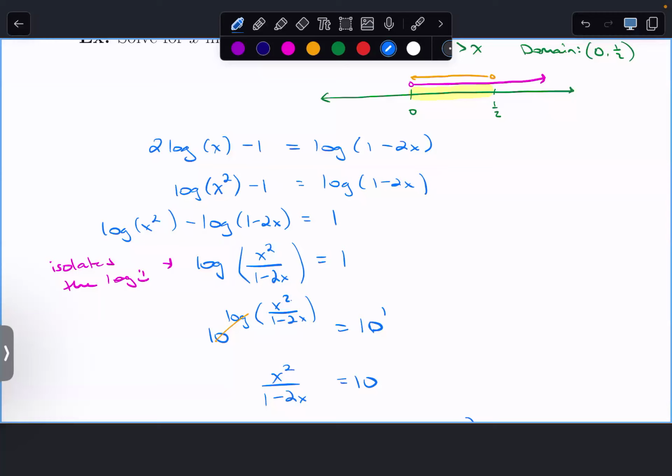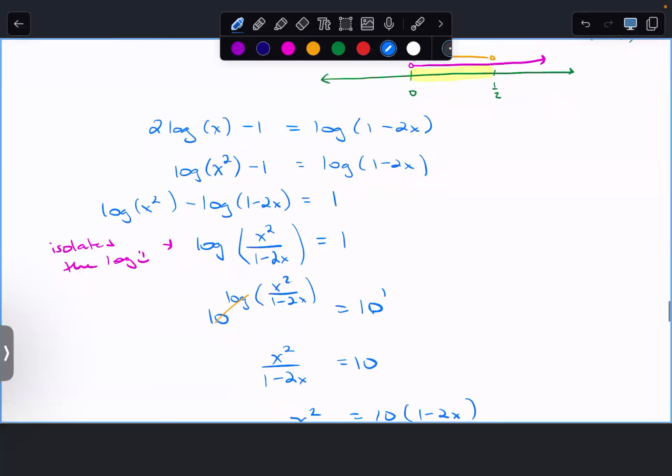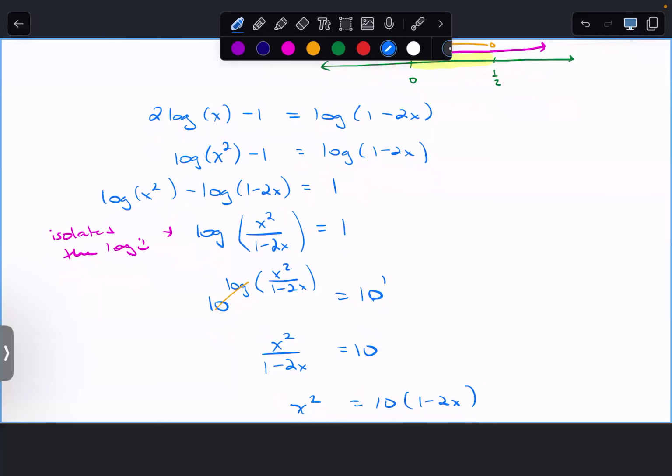Okay. Just be careful. I can't really tell, but you want to make sure that you're not doing to one side what you're not doing to the other side. So you have to do it to both sides. As long as you do everything to both sides of the equal sign, then you keep equality, right?